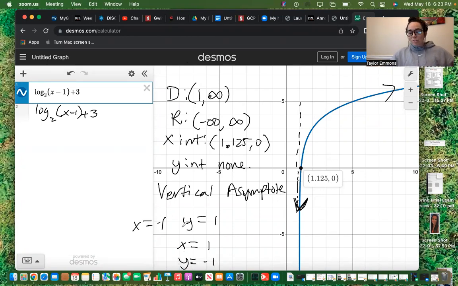Now we see it's happening right here, and that's at positive 1. So we can eliminate these two options. But which one do we pick? It's going to be x equals 1 because it's creating a vertical line at x equals 1. So that vertical asymptote is x equals 1.